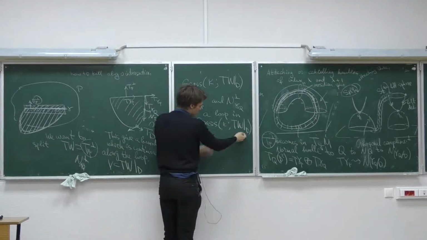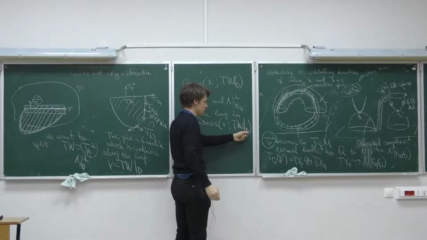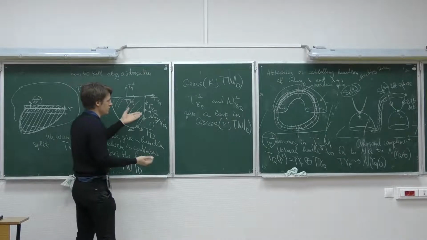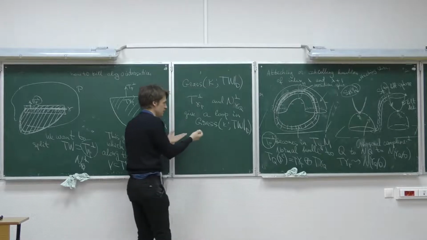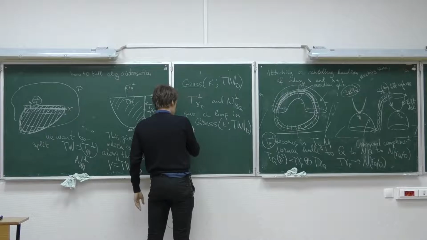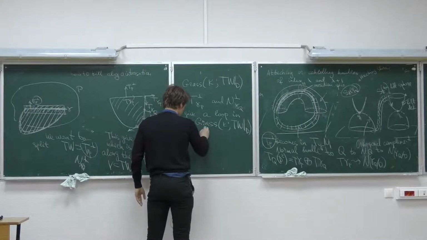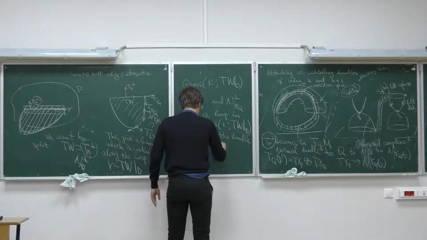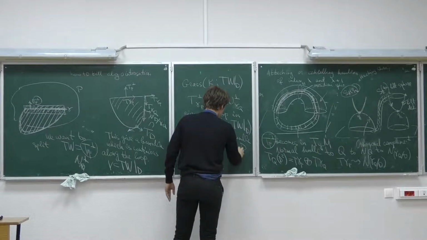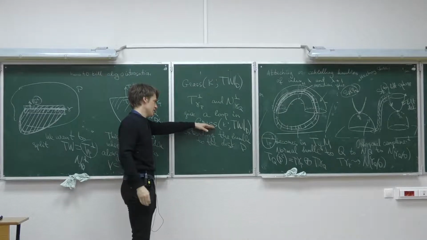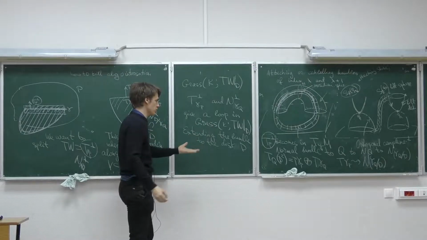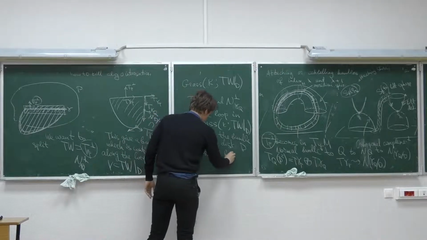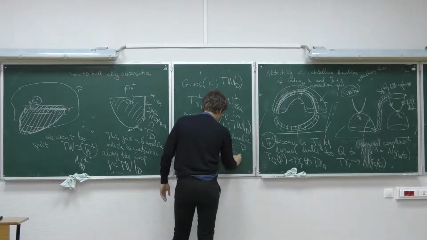So the possibility, since this bundle is trivialized over the disk, then we can think of this as a loop inside Grassmannian. And if you can extend this bundle to the disk, the problem of extending the bundle to the disk is equivalent to proving that in this Grassmannian the loop, the boundary loop of the disk, is contractible.